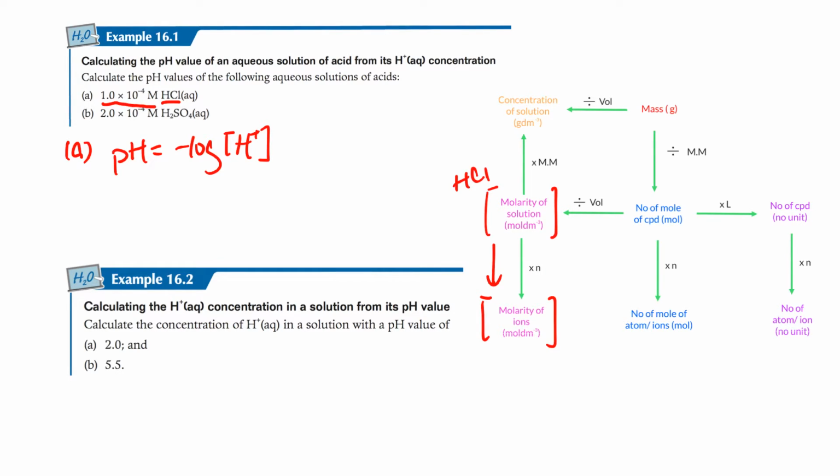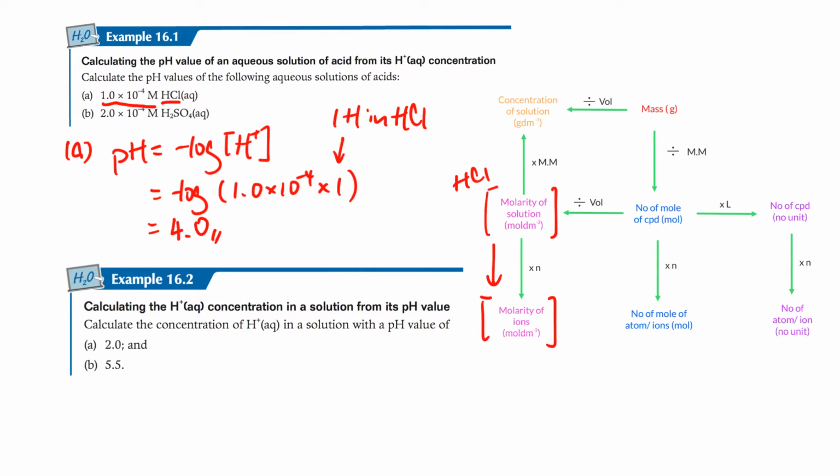But HCl has just one H in it, so it's pretty easy. It will be negative log of 1 times 10 to the negative 4, and then times 1, because you have 1 H in HCl. By doing this, you can find that the value should be 4.0. So that is part A.